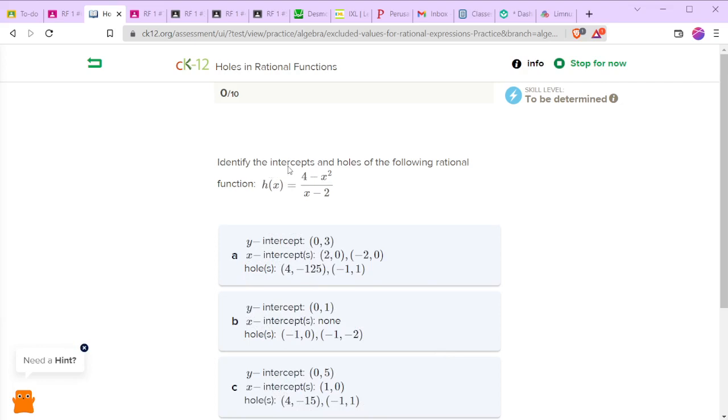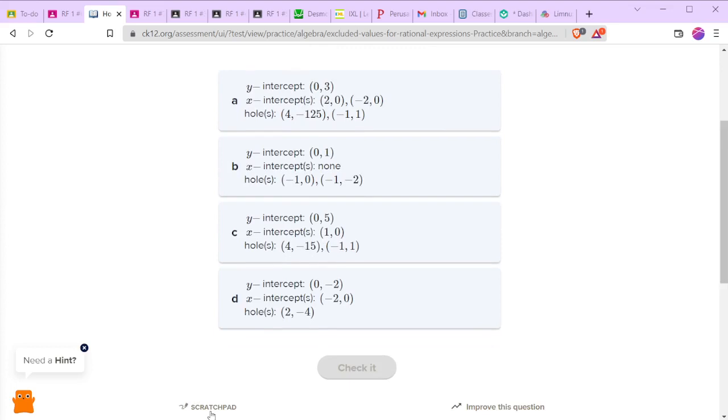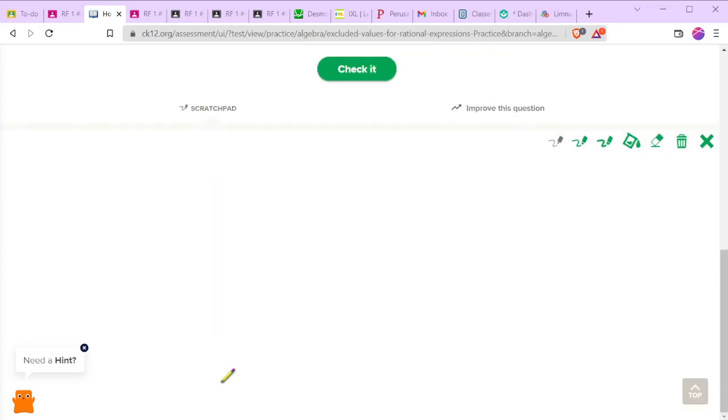So we're looking for intercepts and holes of the following rational function. We have 4 minus x squared over x minus 2.